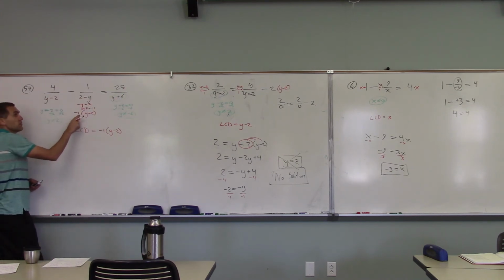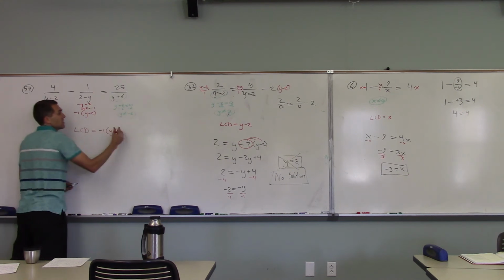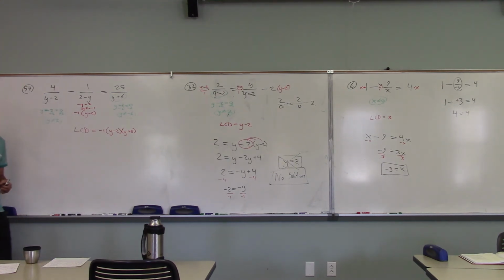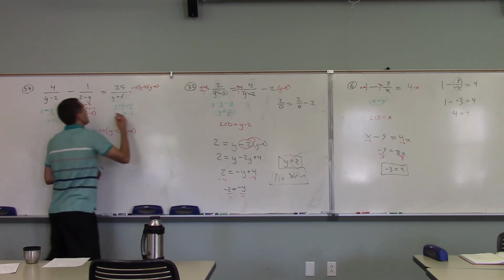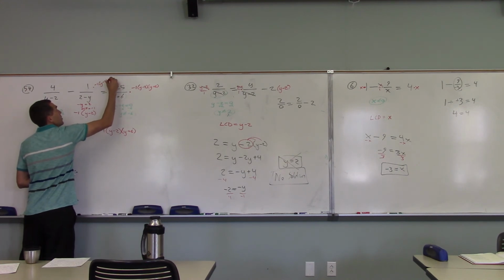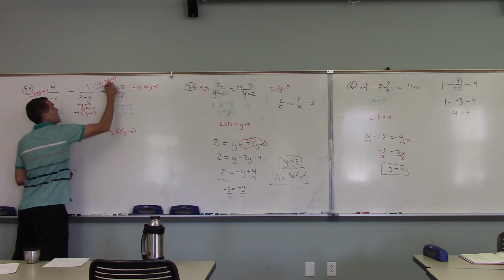So you do have a negative 1, you have a y minus 2, but you were missing that y plus 6, so you gotta multiply by everything. Okay, and then what do we do? Times the LCD by everything. Yeah, so times negative 1, y minus 2, y plus 6, on every term, all over 1.